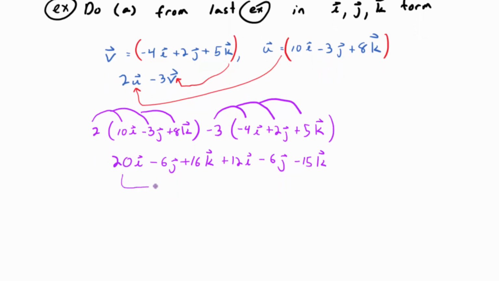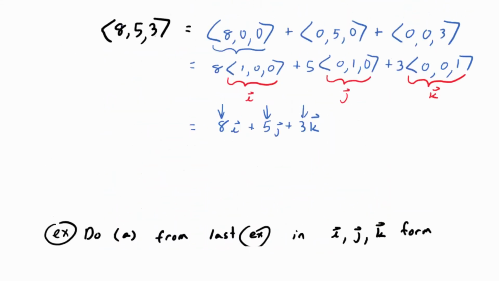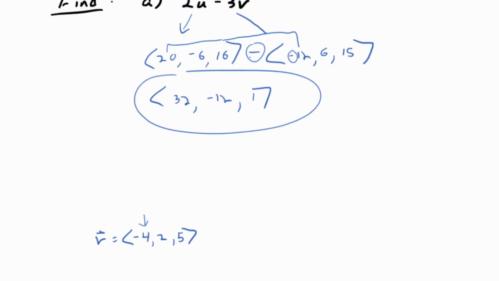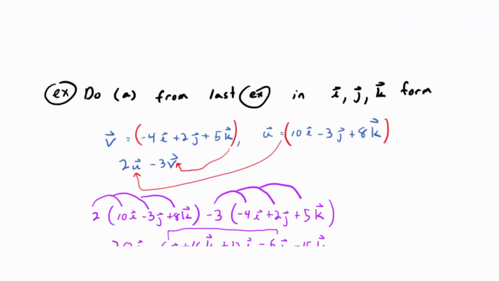What do you get? 20 plus 12i, 32i. Add j components together. What do you get? Negative 12j. Add k components together. So just plus 1k or just plus k is fine. And you do get 32, negative 12, 1, exactly what we got up here. It's the same thing, different notation.